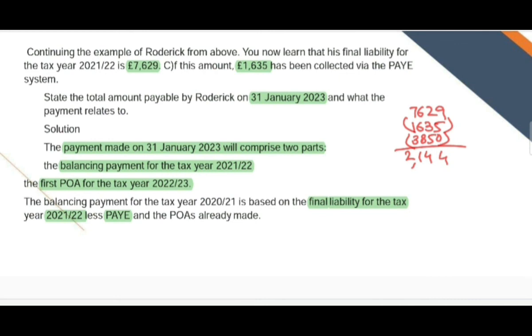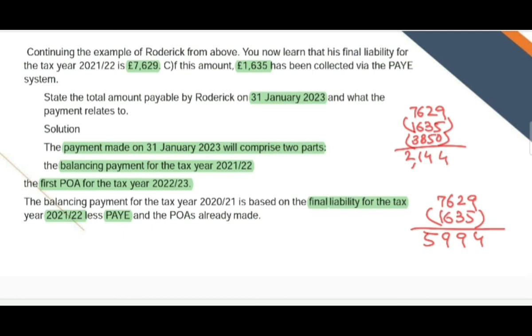And what will the payment on account be? For the calculation of the payment on account, 7,629 minus 1,635 pay as you earn, and it will give you an amount of 5,994.